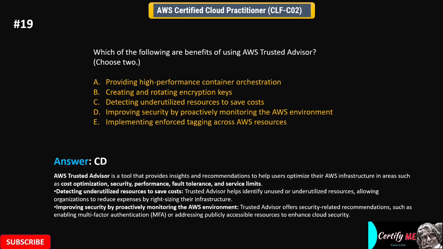AWS Trusted Advisor is a tool that provides insights and recommendations to help users optimize their AWS infrastructure in areas such as cost optimization, security, performance, fault tolerance, and service limits. Detecting underutilized resources to save costs: Trusted Advisor helps identify unused or underutilized resources, allowing organizations to reduce expenses by right sizing their infrastructure.